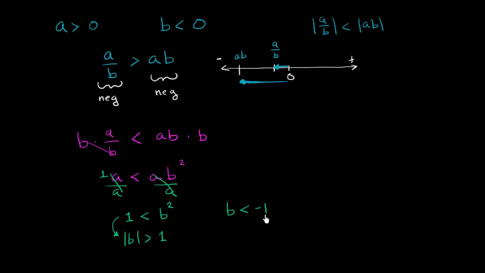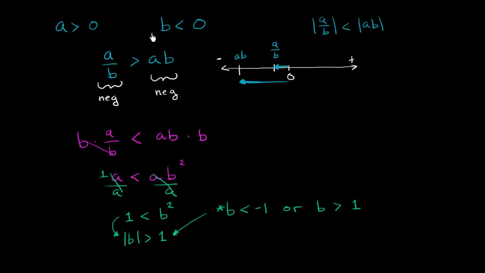So b has to be less than negative 1, or b has to be greater than 1. For the same exact logic, if it was exactly equal to 1, if you squared it, this would be equal. If it was 0.5, then b squared would be 0.25, which wouldn't be greater than 1. So you know both of these things are true. And this is another way of saying that the absolute value of b is greater than 1.